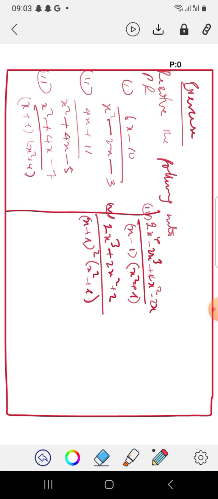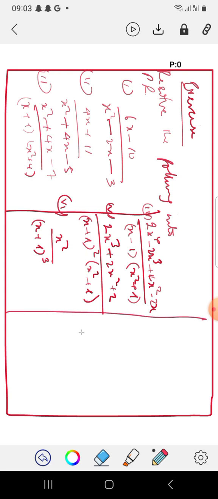Let me add x squared over x plus 1 raised to power 3. This is beautiful. And let me add number 7: x cubed minus x squared minus 4 over x squared minus 1. That's the simple one.